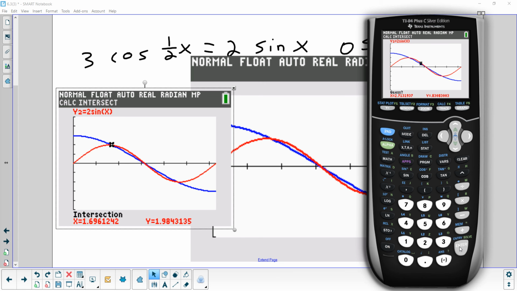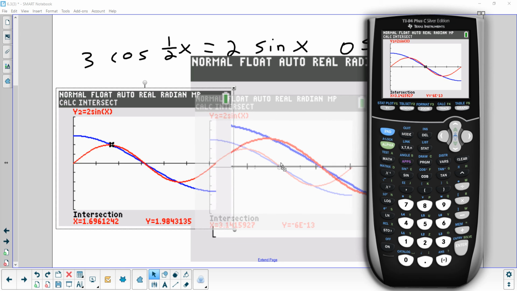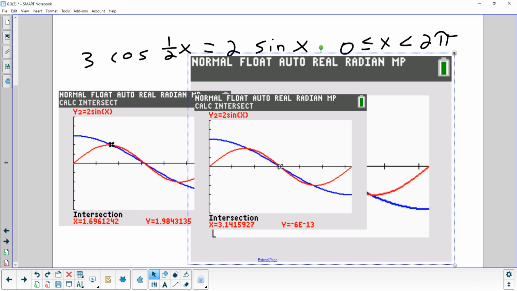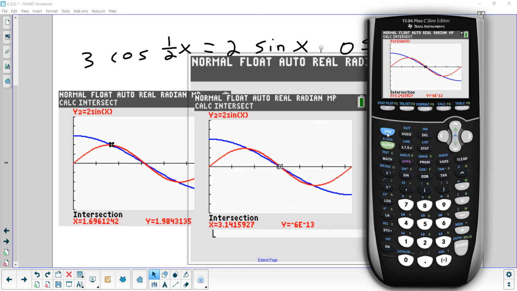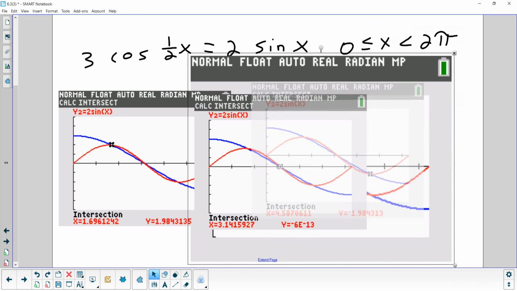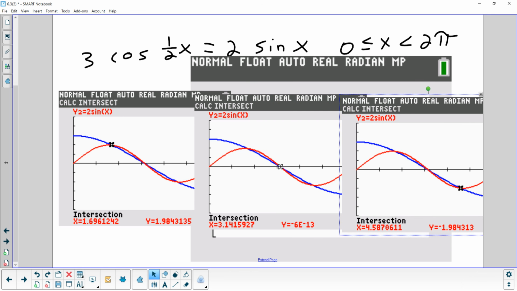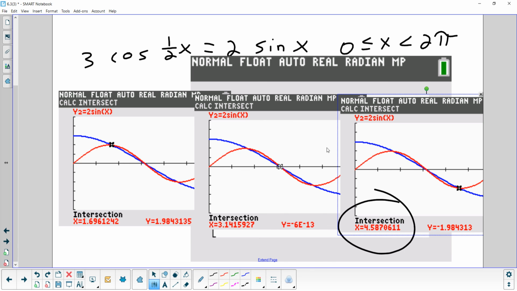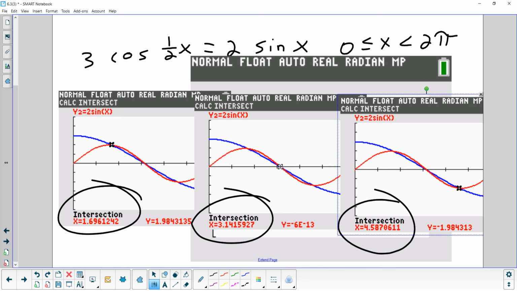Move it back to the middle. There's 2. Right there. And 1 more. Second calc intersect. Move it to the right. And there's 3. There are your 3 answers.